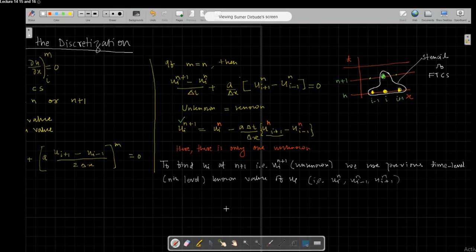Such a formulation is called an explicit method. Explicit formulation, or such a method, is called an explicit method.